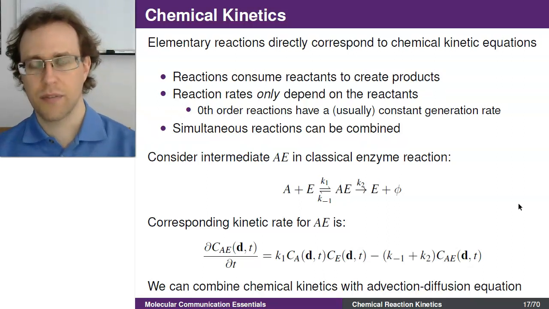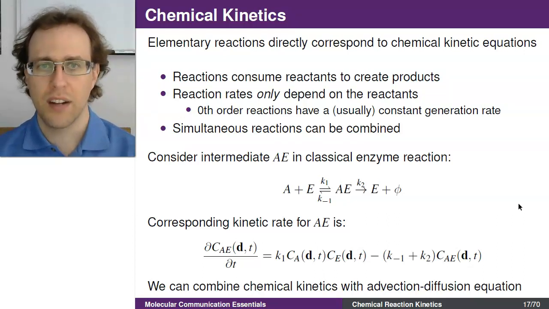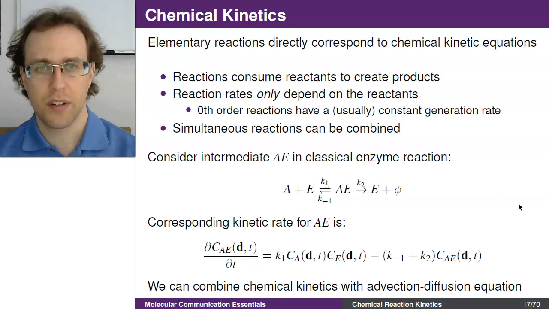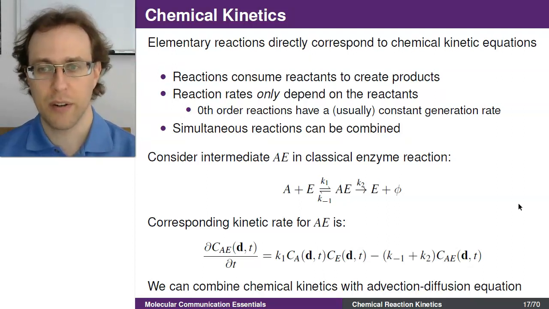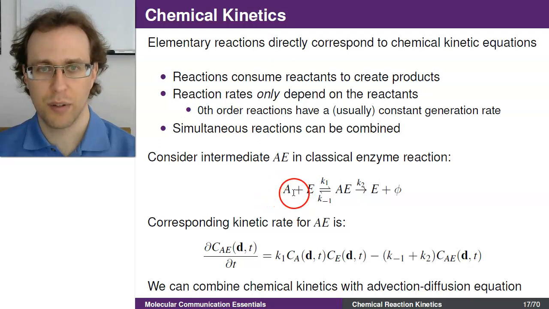To go over these ideas and jump immediately into an interesting example, I talked in the previous slide about the neuromuscular junction, where we have molecules that break down our signaling molecules. Well, that's an example of an enzyme reaction, and the classical representation for this is that we have a molecule A, which is our signaling molecule of interest.